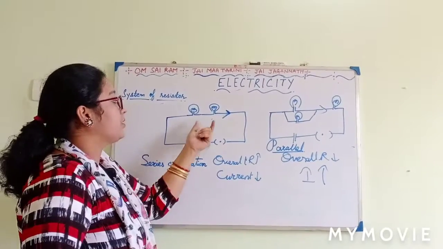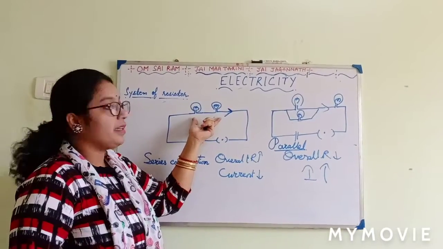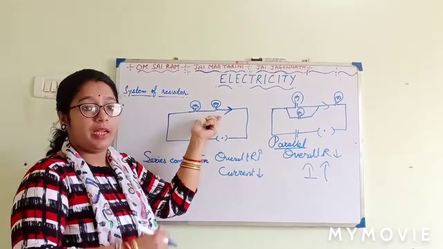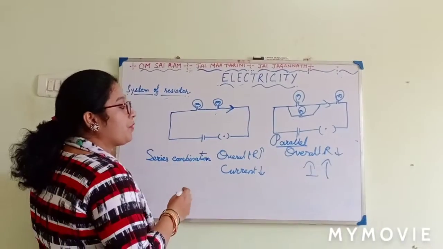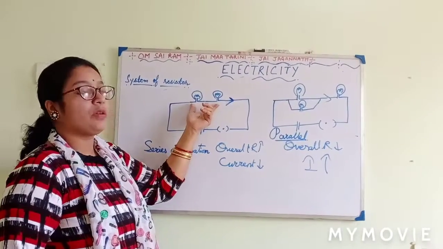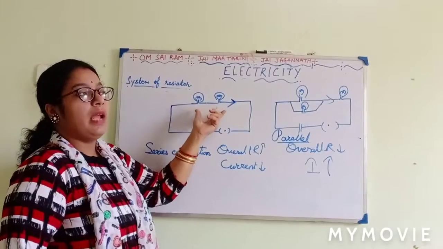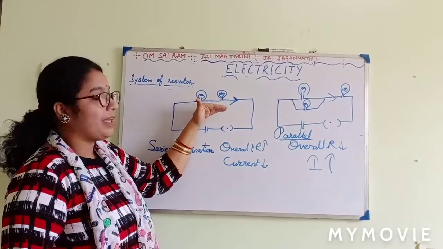Now we'll study this combination of resistors in detail. In series combinations, suppose we are taking two bulbs which are connected in series, one after the other, like we have told you earlier in the diagram. When this is switched on, it will glow, and after some time, the brightness of both the bulbs will gradually decrease.